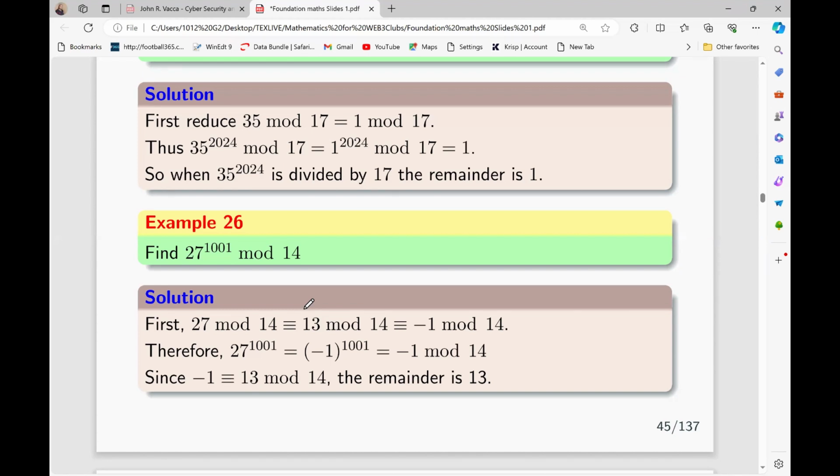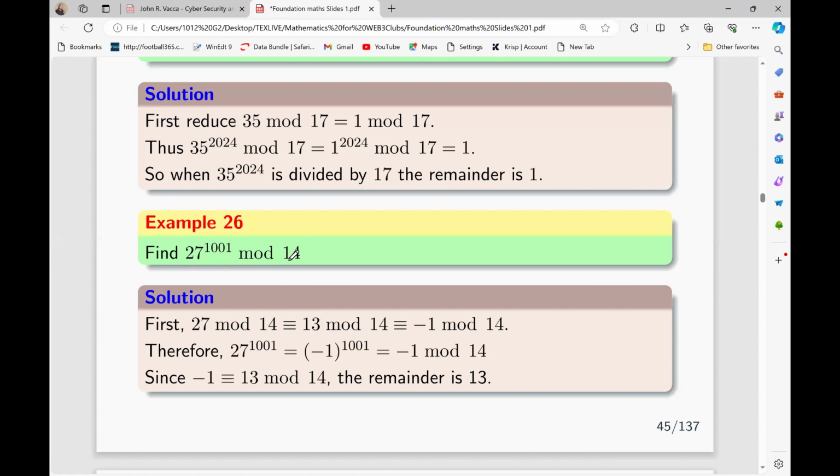If we cannot reduce to 1 or -1, then we have the fast powering algorithm, Fermat's little theorem, and Euler's theorem, which we learned. And the successive squaring algorithm that we looked at will also give us the answer.